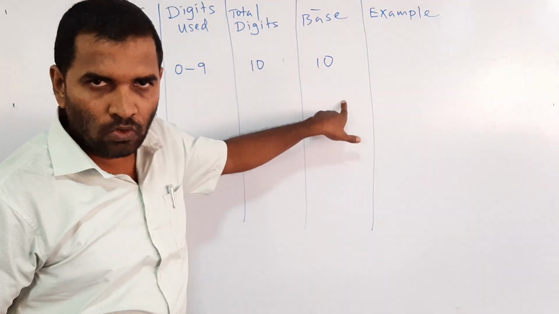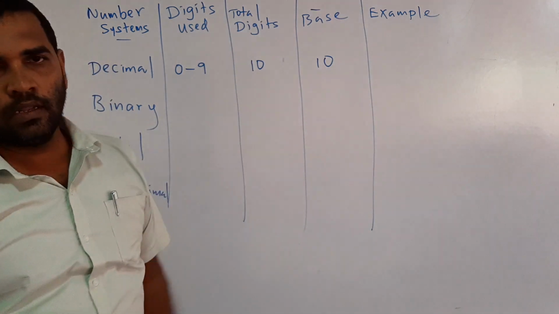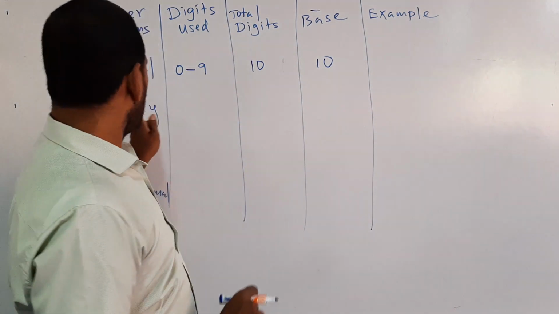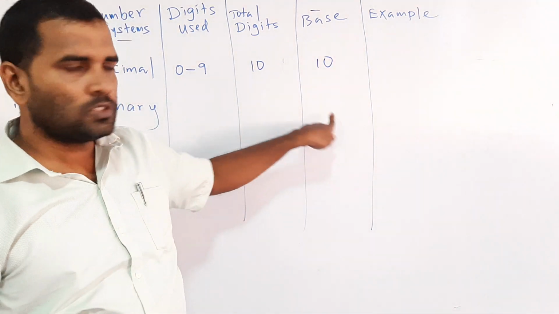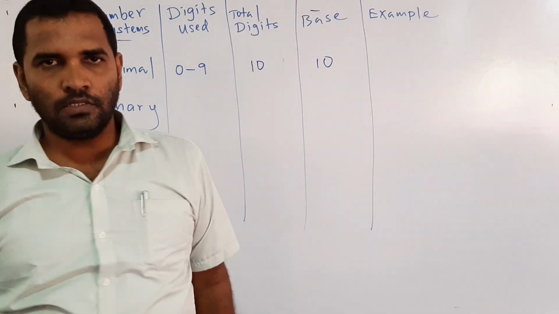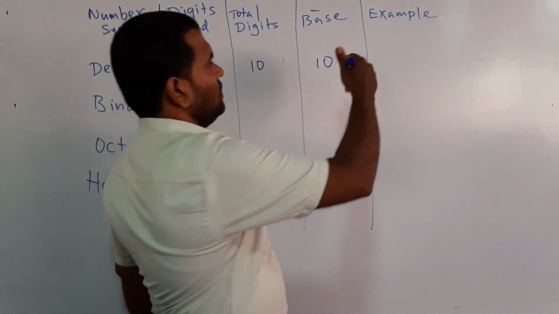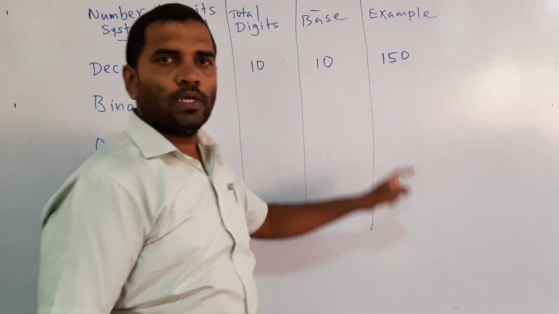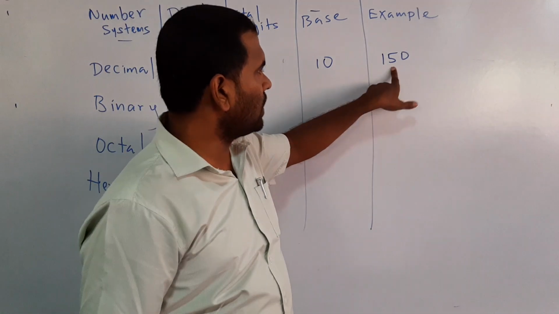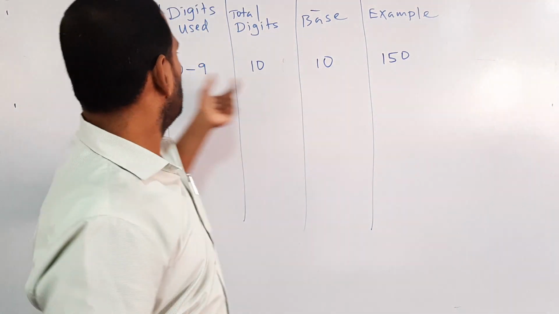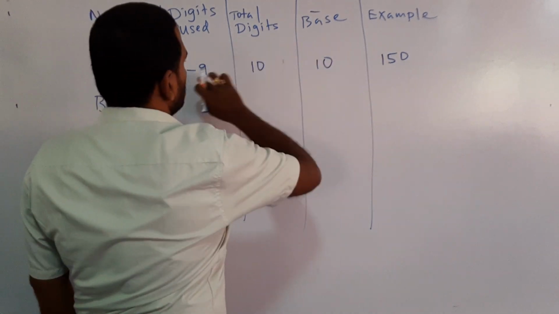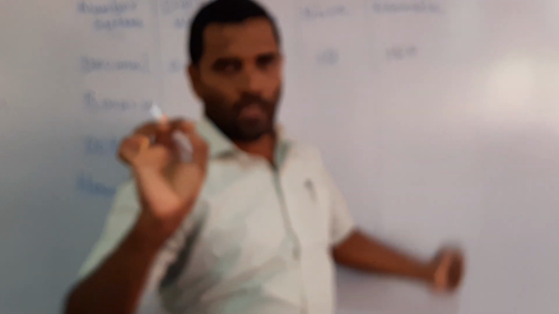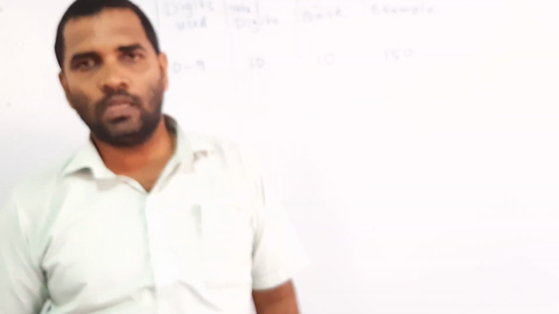The base is always equal to the total number of digits used in every number system. Even for binary number system, the base should be equal to total digits. We will discuss later. Example, I can say 150. Look at the 3 digits used, 1, 5, 0. Look at them, 1 is in the range, 5 is in the range, and even 0 also in the range. So it is a valid number, a correct number in decimal number system.